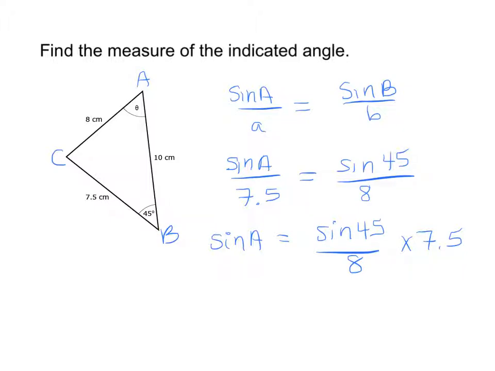So now that I have this 0.66 in my calculator, I'm going to go second sine and then second negative, which takes that answer and puts it back in. Hit enter, and then I get A is equal to 42 degrees approximately. Usually we're going to round an angle to the nearest degree, which would make it 42.